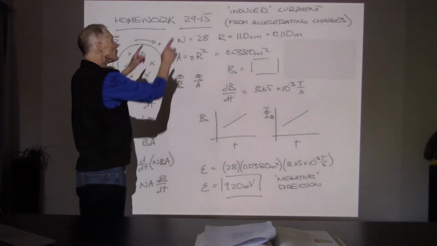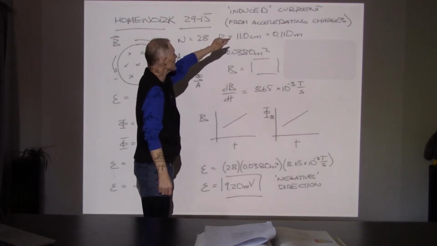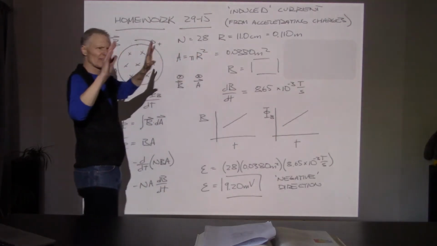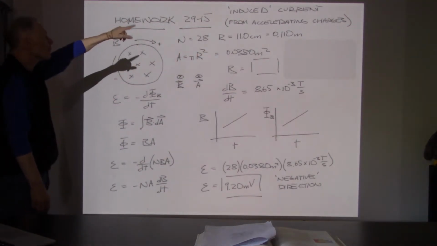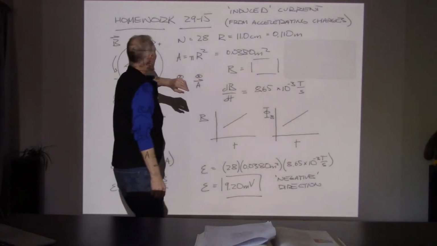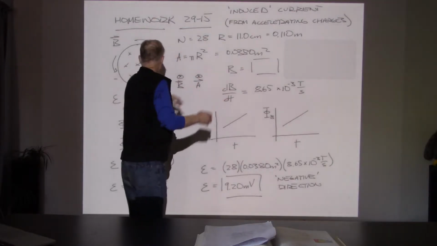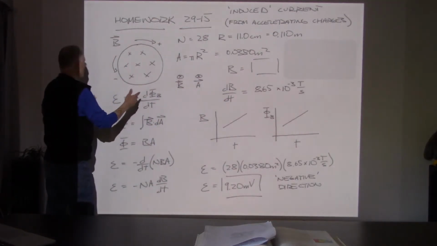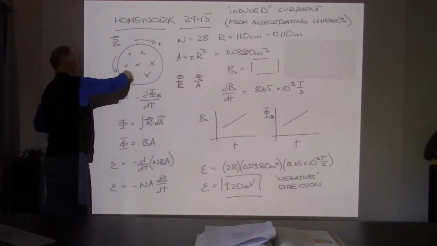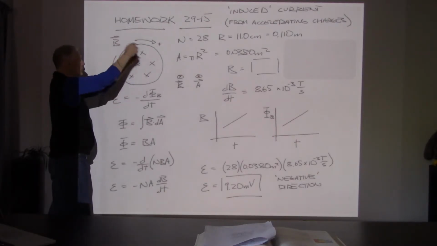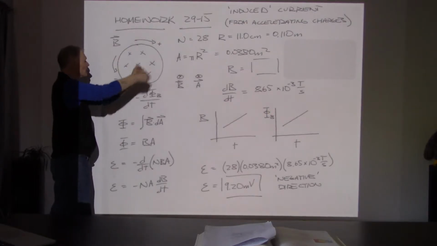Let's see. The last item here: I keep talking about these accelerating charges, and you go, where are these accelerating charges coming from? Well, the accelerating charges are causing the magnetic field to vary. So, for example, it could be that I've got a solenoid inside here, and a bunch of wires, and the current is picking up speed.